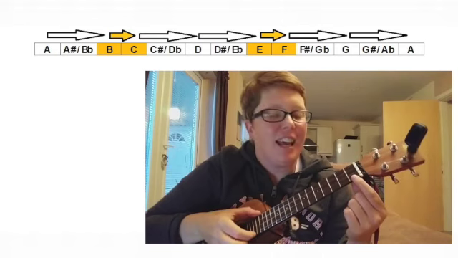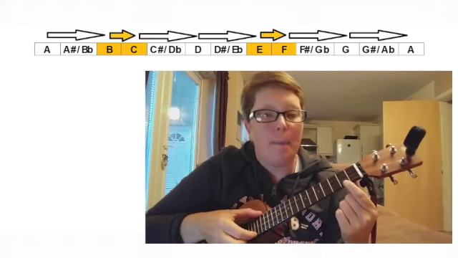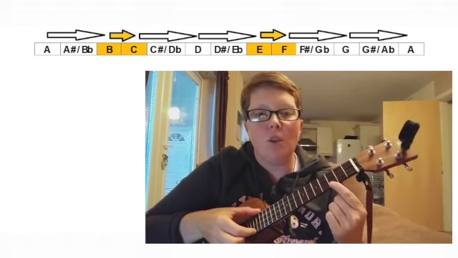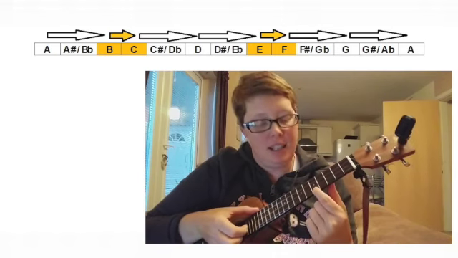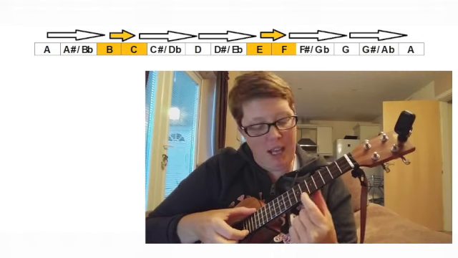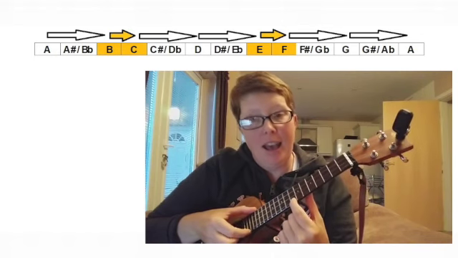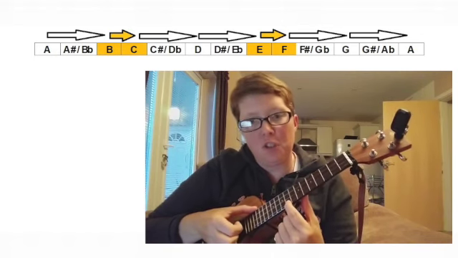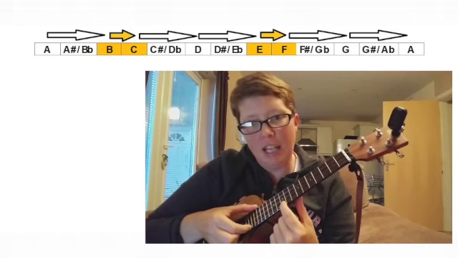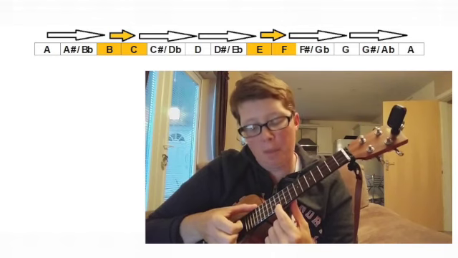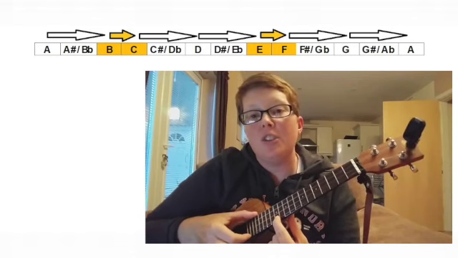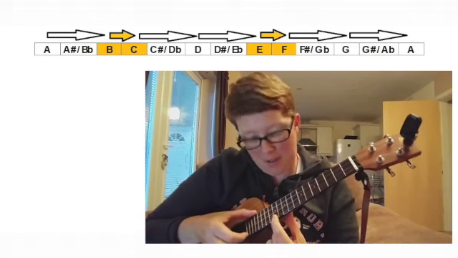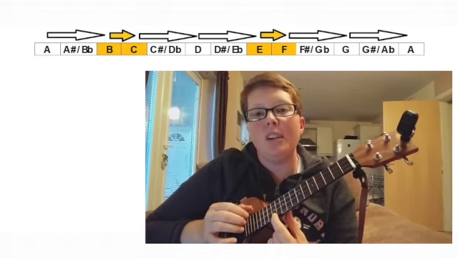So that's A sharp, B flat, B, good old C note, C sharp, D flat, D, D sharp, E flat, E, F, F sharp, G flat, G, G sharp, A flat, and finally A. This A is an octave higher than this A, but it's still an A note.